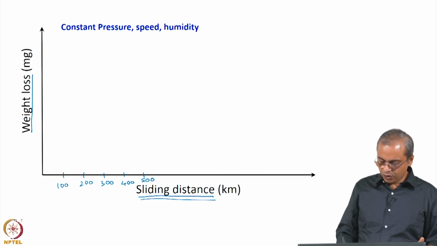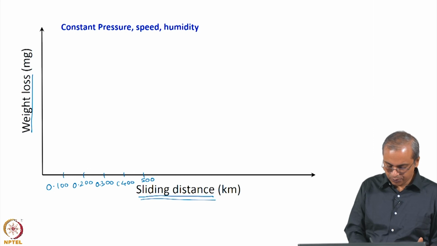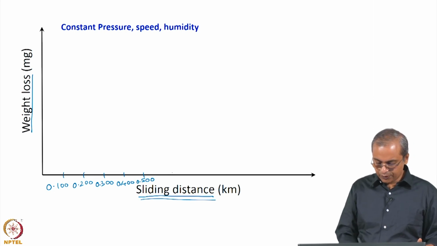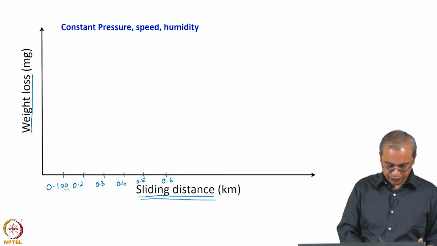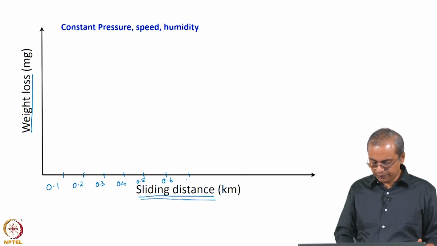This is marked in kilometers, so we will mark it as 0.1, 0.2, 0.3, 0.4, 0.5 kilometers, then 0.6, and we will just put it up to 1. So, we have 1 kilometer.